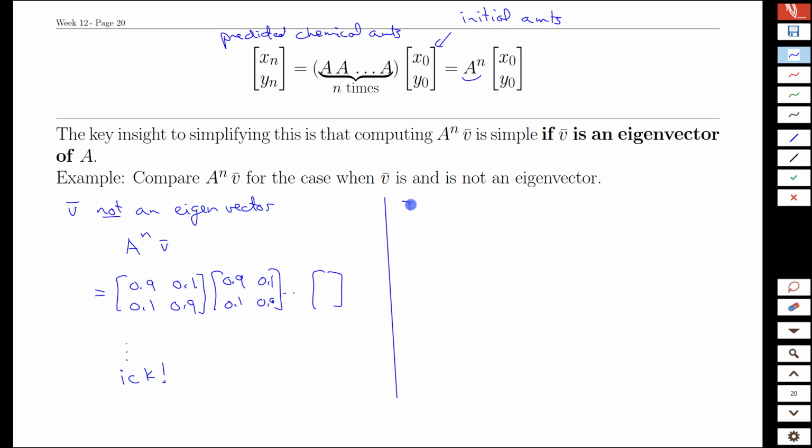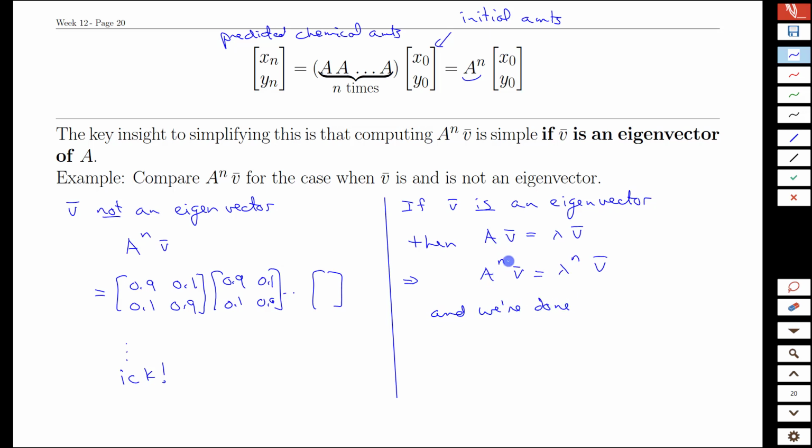Let's contrast with the case where v is an eigenvector. Well, then we know from the eigenvector equation that A times v is lambda times v, and we saw in an earlier example that if we take the nth power of our transformation matrix A and multiply it by these special directions, then we just get lambda to the n times v, and we're done.